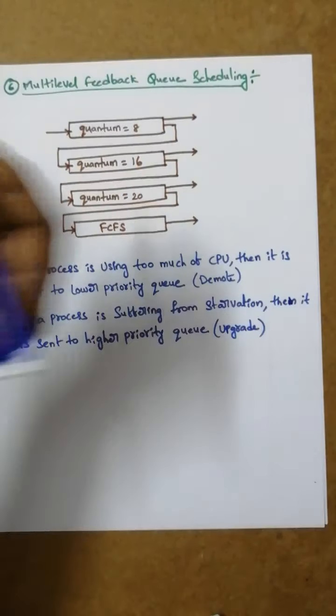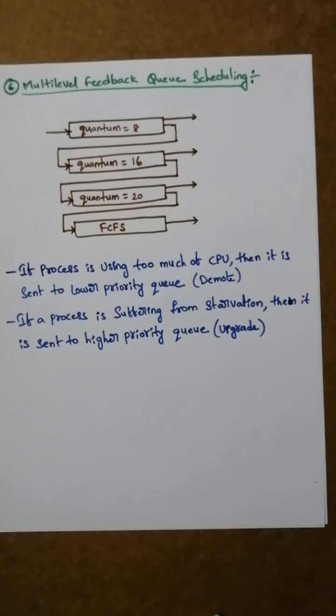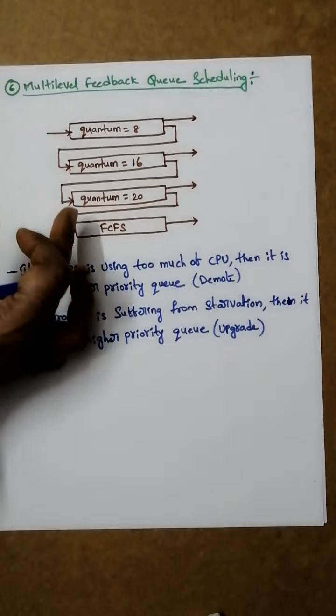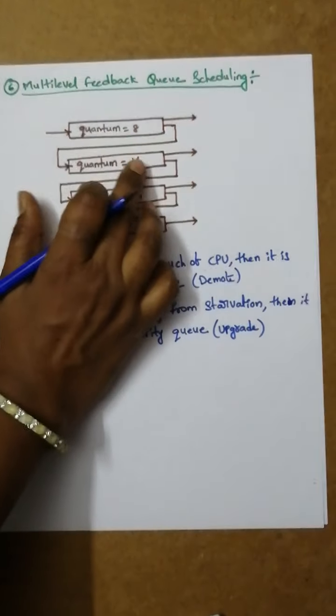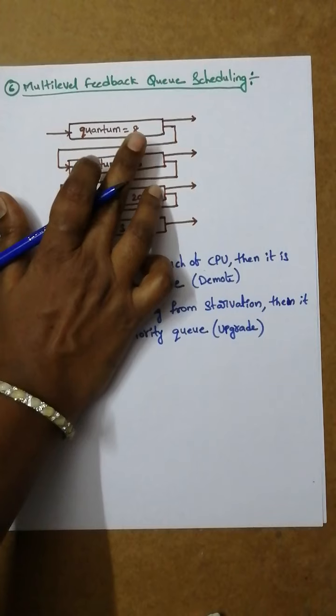It's like a promotion. If a process is waiting and suffering from starvation for so long, instead of starving it, you can send it to the higher priority queue above. Likewise, it will keep moving toward the top priority if it is not served with the CPU for a long period of time. So it has a chance to move from lower priority to higher priority if it is not served.